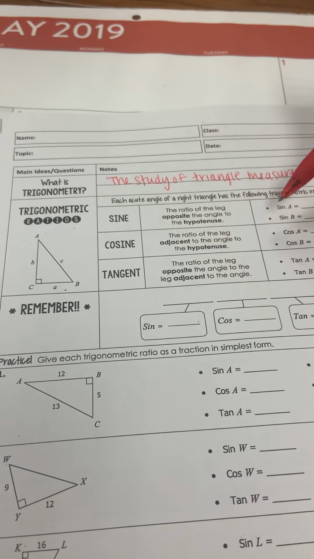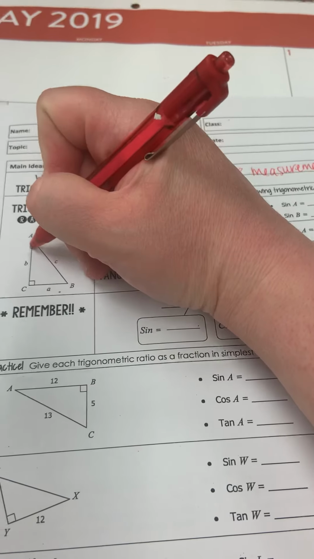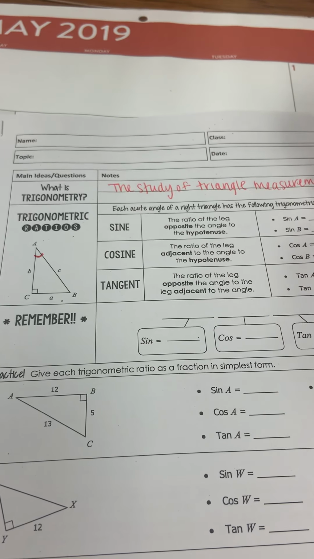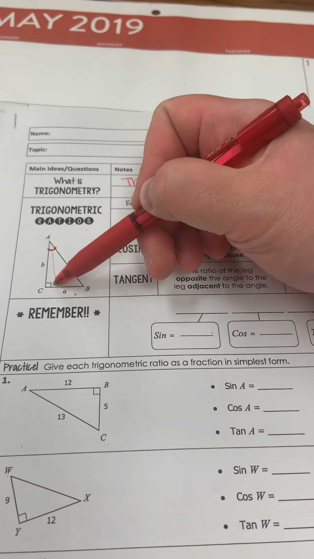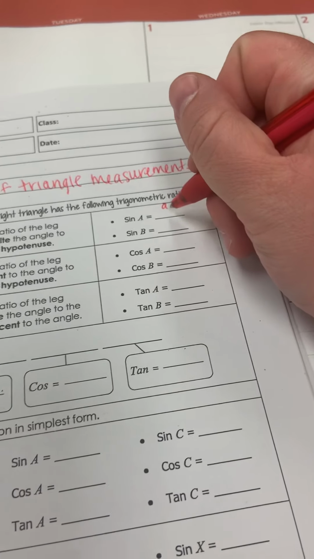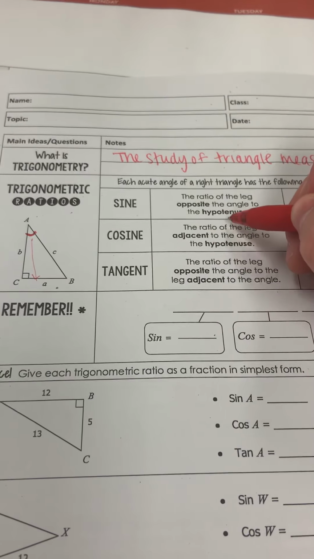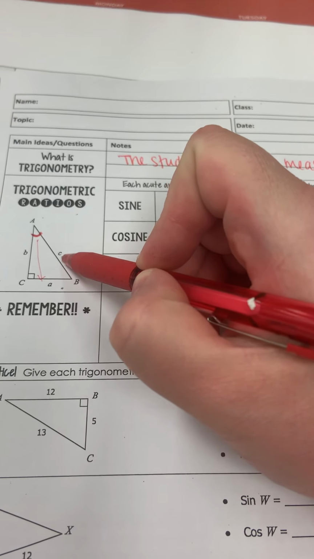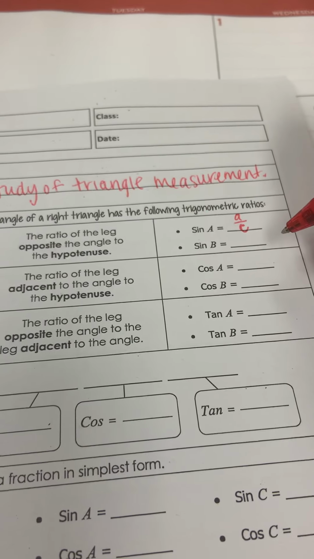If we're looking at sine A, and I'm going to highlight with an angle marker, we would look at the side that is opposite A, which would be little a. I'm writing a little a right there, and it's a ratio divided by the hypotenuse, which is side C. So it's a ratio of a to c.